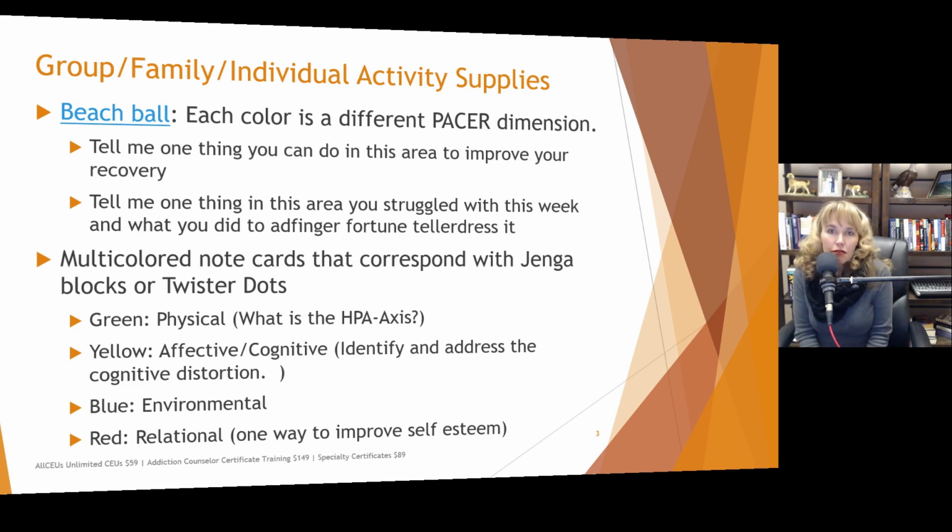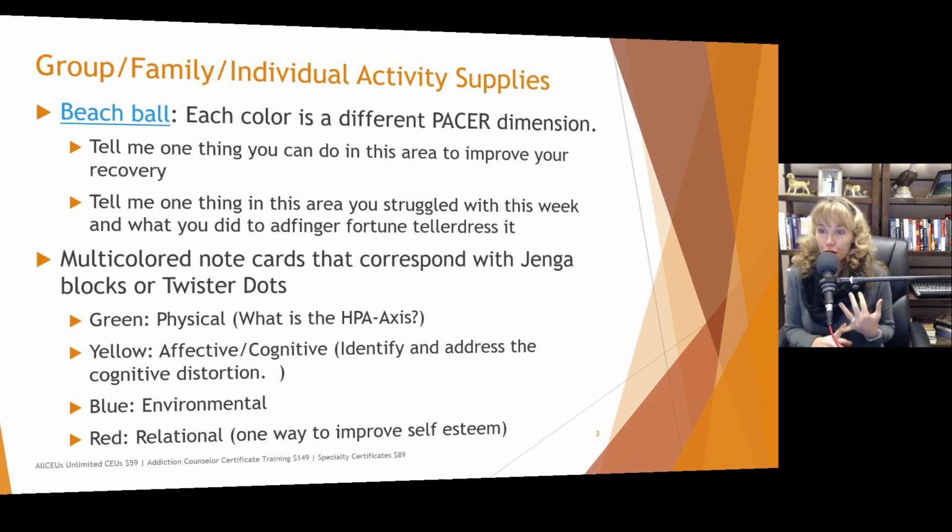You can also, going to a different activity, use multicolored note cards that correspond with either multicolored Jenga blocks or Twister dots. And again, each color represents a different dimension of integrative behavioral health.